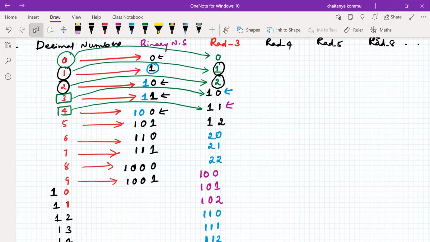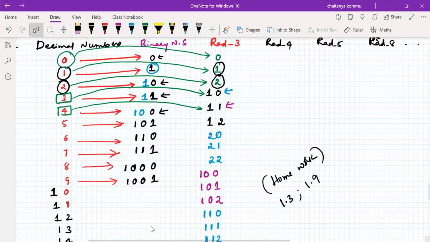One more thing is that we have to do the homework. Only 2 questions I'm going to give you. In your textbook soft copy, which I have posted in your modules platform, there are questions 1.3 and 1.9 in the exercise problems.